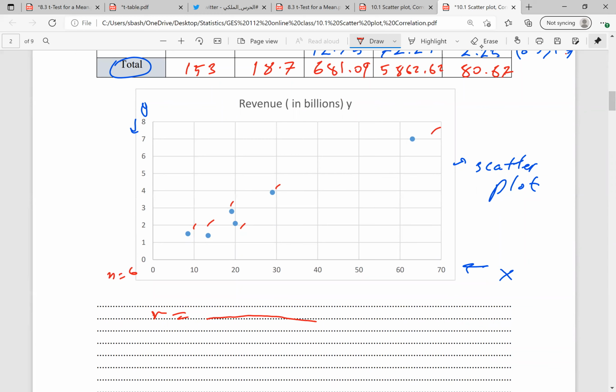So the correlation coefficient will be n multiplied by sigma of xy. Let me write the formula first.